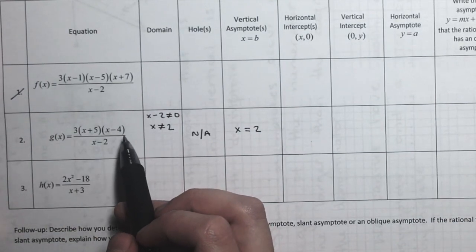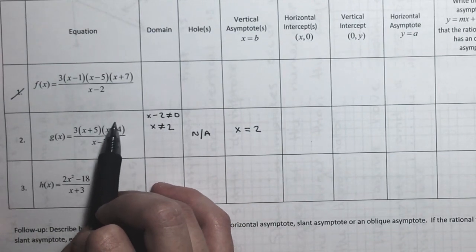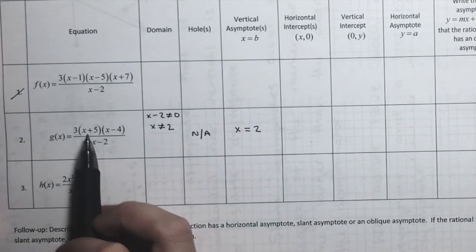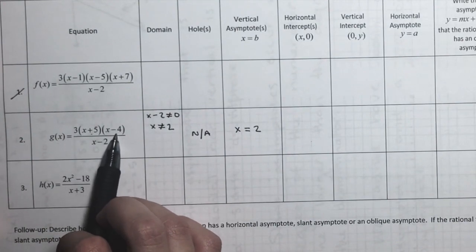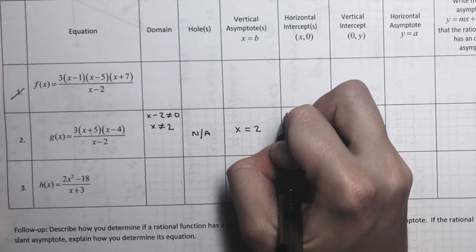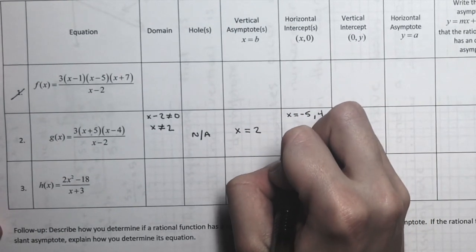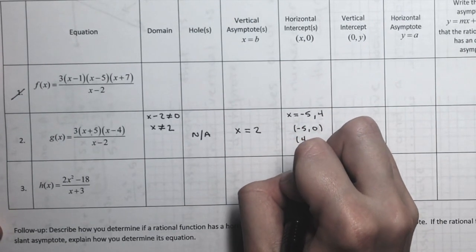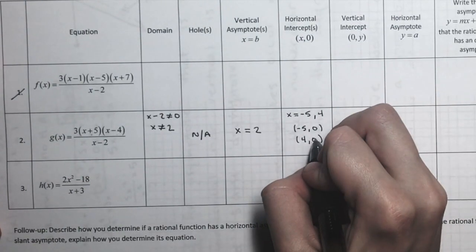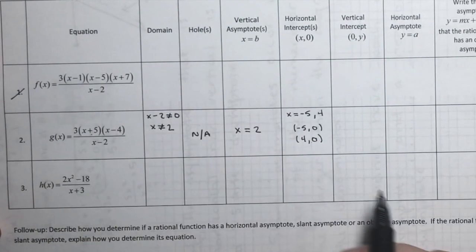Well, whenever a fraction would be equal to 0, which is when the numerator is equal to 0 only. So when is this numerator equal to 0? Well, it's equal to 0 at -5 and 4. So we have the horizontal intercepts, -5, 0, and 4, 0. And I found those by setting each of these factors equal to 0.